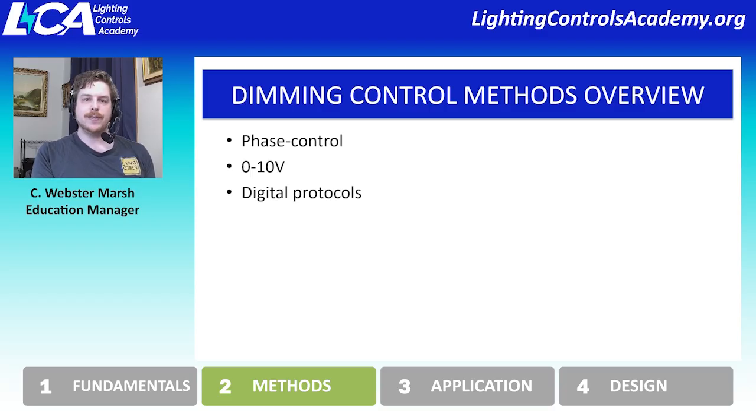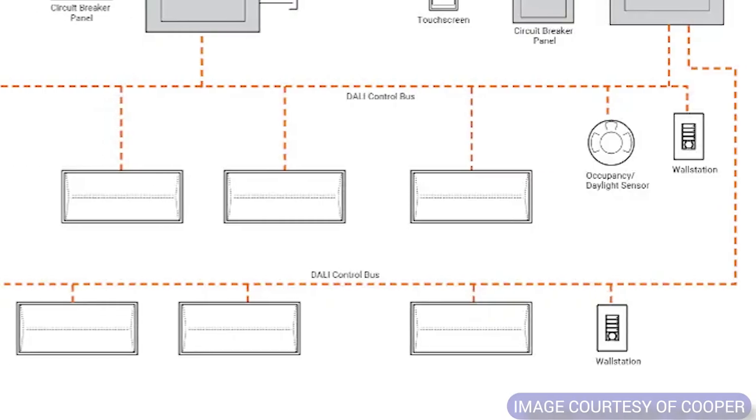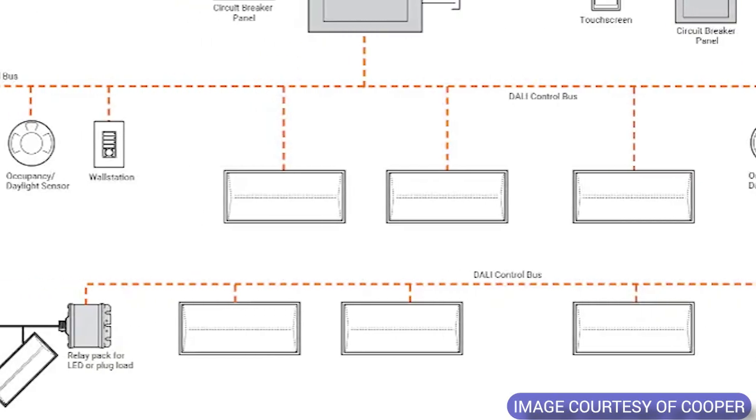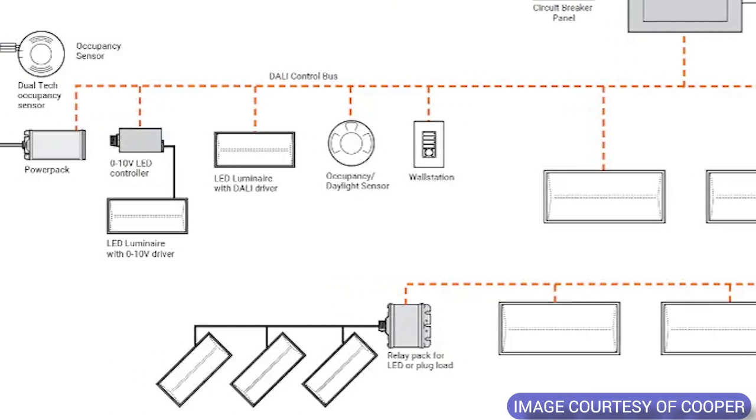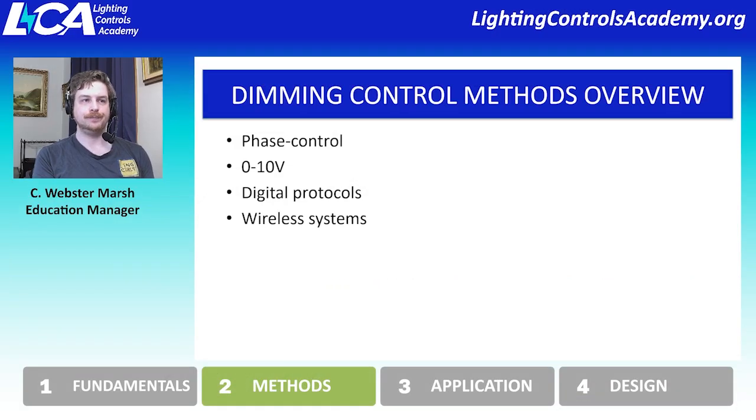Digital protocols, we're now sending on a separate circuit typically a communication that is not just between 0 and 10 volts, but packeted data that then says, this is the behavior I want you to do, whether it's just intensity values, or it's go to this look over this amount of time. Depends on the protocol, but each digital protocol has its benefits and its drawbacks.